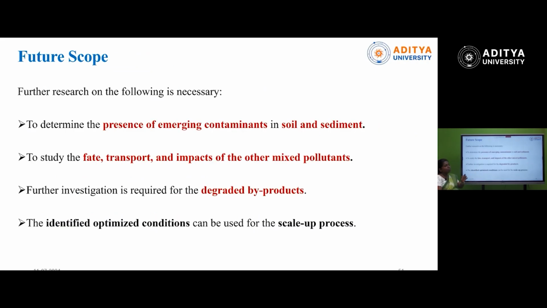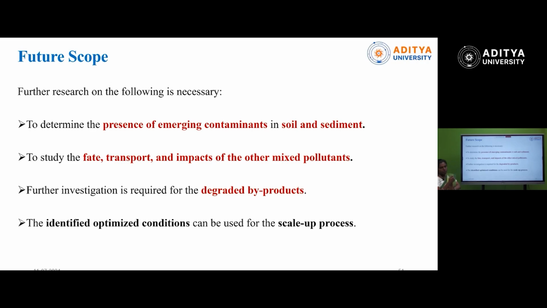Okay. So what is the future scope available? You can see here I have shown only a few, right? Apart from this, many emerging contaminants still persist in the environment, especially in soil and sediment, and more research is taking place in water and wastewater. So people can focus on soil and sediment also, and we have to study the transport and the impacts of other mixed pollutants.